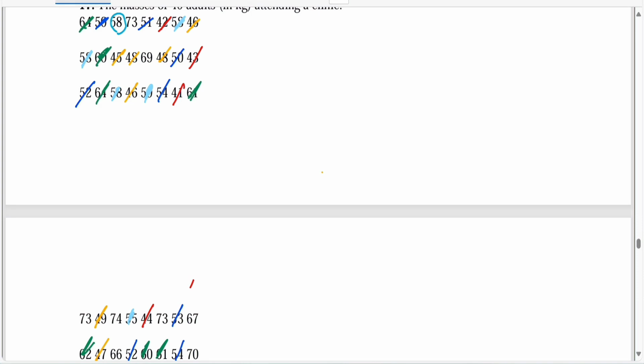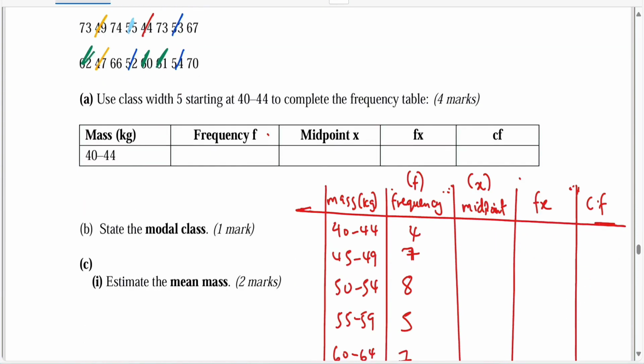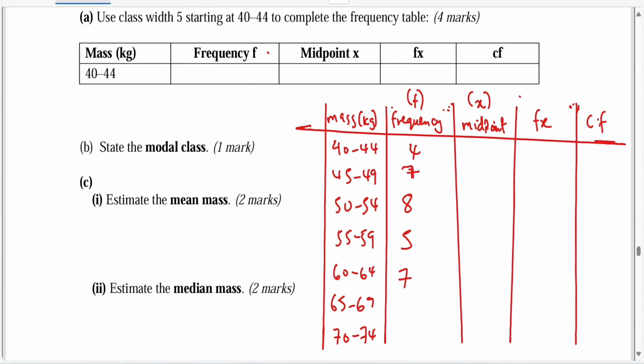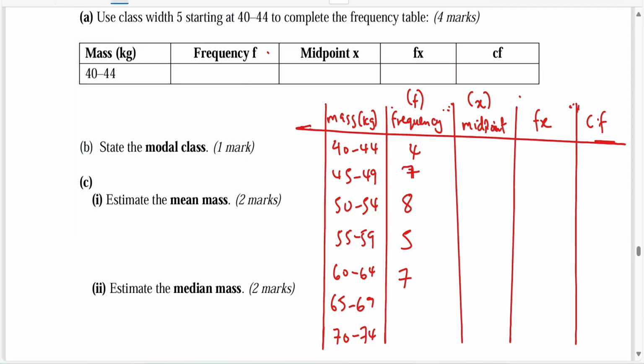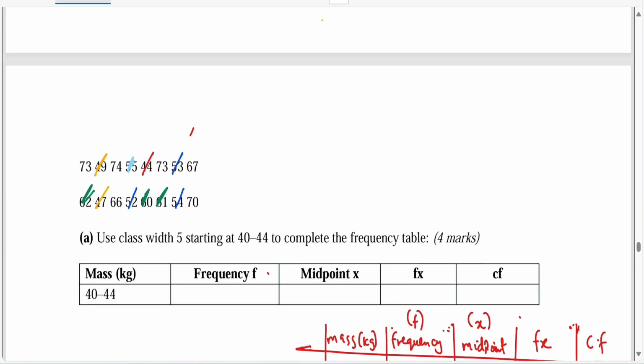Na 58 yafaa iwe wapi? 58 yafaa iwe kwa 55 to 59. So let me niongeze moja hapa. So 62 kwa 65 to 69.